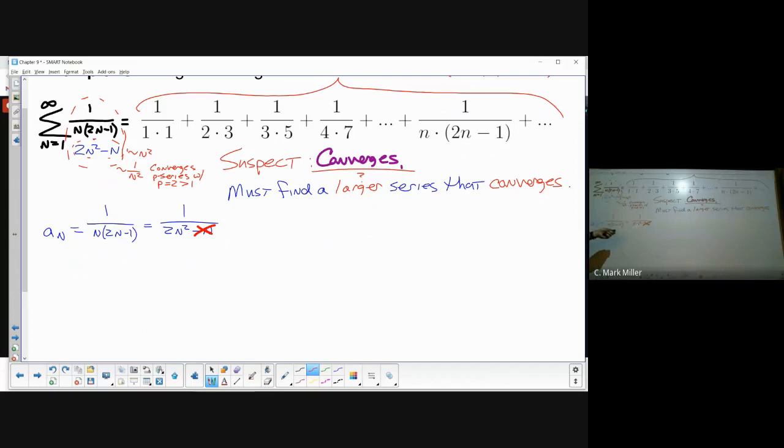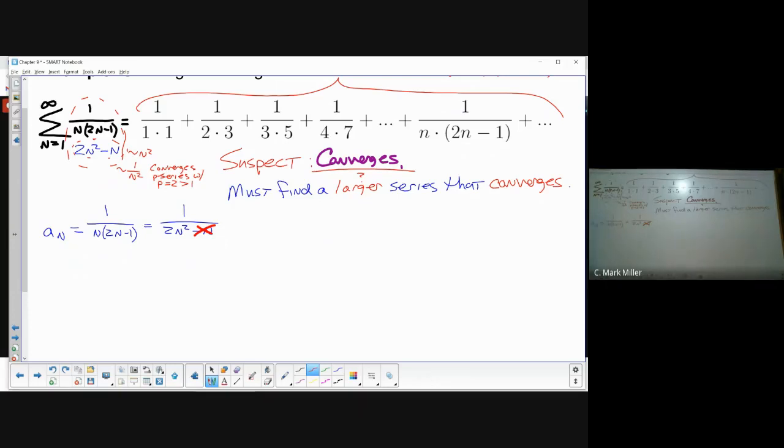That makes the denominator, excuse me, bigger. The denominator bigger makes the ratio smaller. If I eliminate a positive term, that makes the denominator smaller. If I eliminate a negative, it makes the denominator bigger. So 1 over 2n squared, I know that converges, but the problem is it's smaller. I would like to compare it to 1 over 2n squared, but that won't do any good because it's smaller.